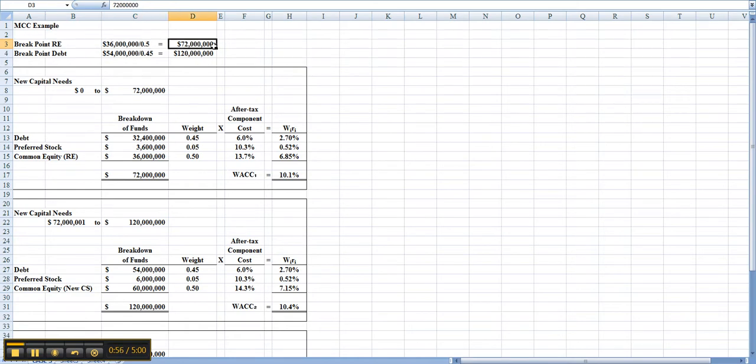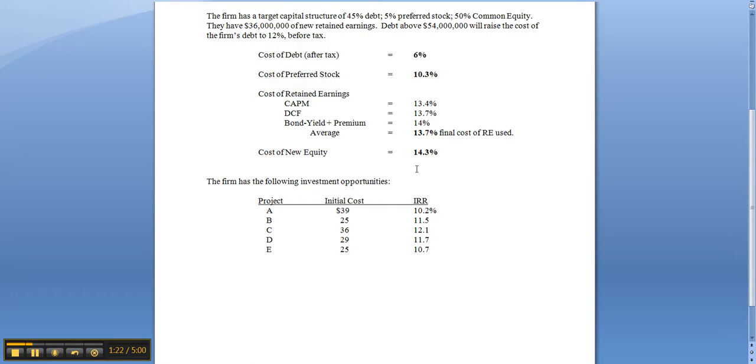So what this means is that if the company needs $72 million for its capital budget, half of its capital budget comes from common equity. So if it needs half of its money from common equity, that would just use up all of its retained earnings. And if it uses up all of its retained earnings, it then has to issue new common stock, which, as we saw a minute ago, costs a little bit more than retained earnings.